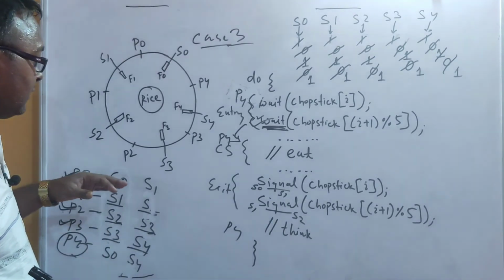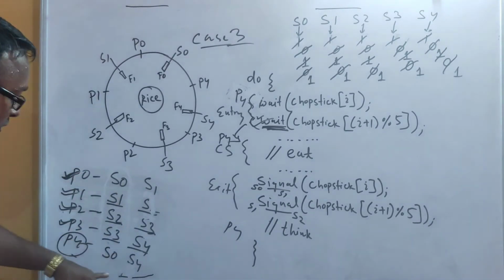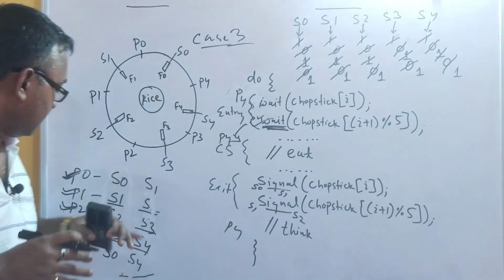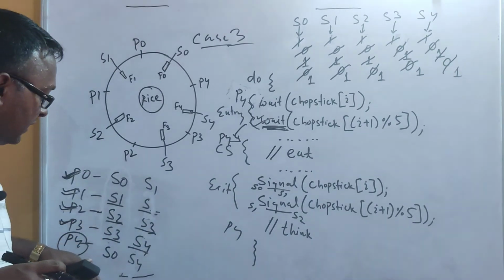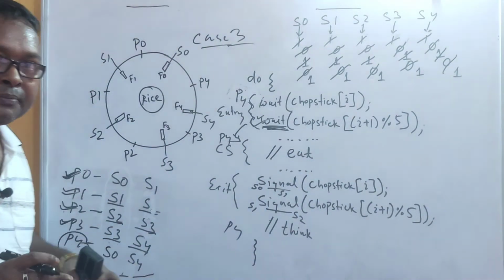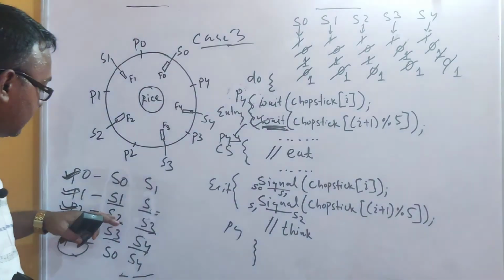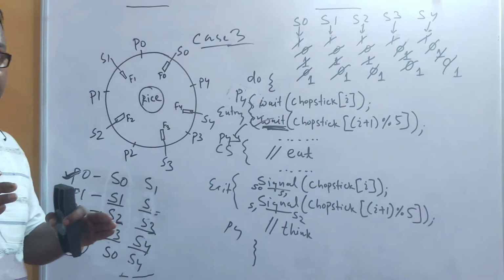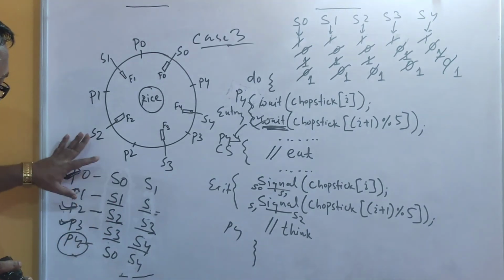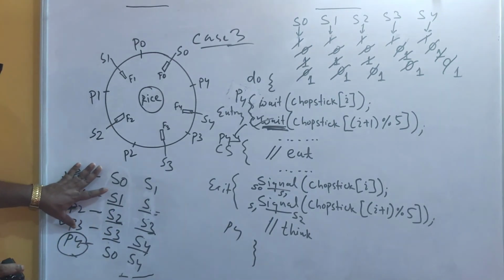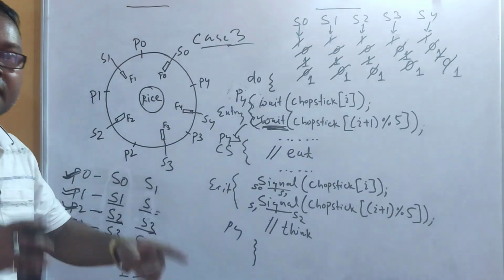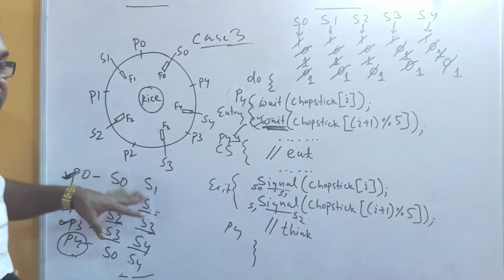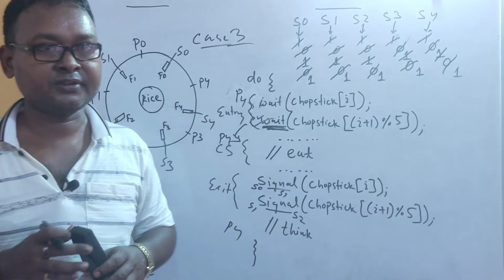So in this manner, by changing the code, that means if there are n number of philosophers, that means n number of processes, then n minus 1 philosophers or processes can execute the same line of code. The last philosopher or process has to just reverse the code, then we get the solution for the dining philosophers problem.